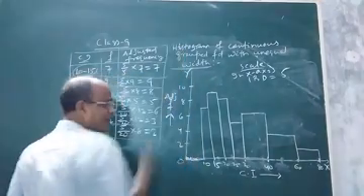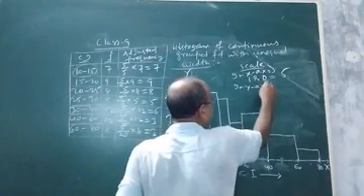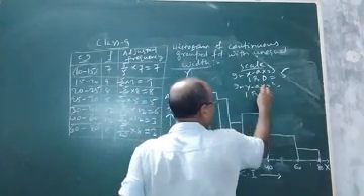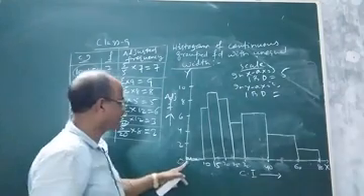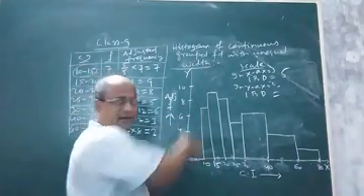But look at the y-axis. In the y-axis, one big division equals how much? This is the origin, then 2, 4, 6, 8, 10, and it continues.